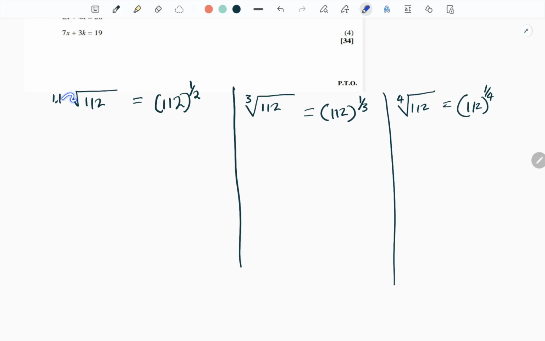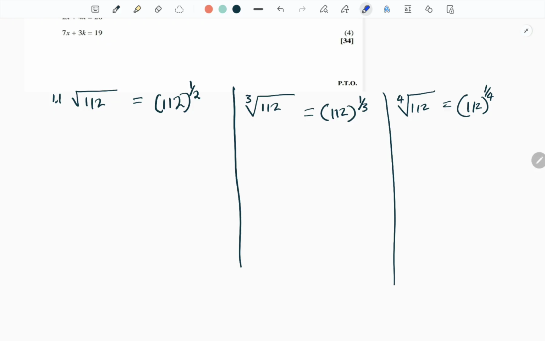And then a square root, we keep the square root sign as is, and whatever is inside we raise to the power 1/2. So you can see that there is this consistent pattern: square root to the power 1/2, cube root to the power 1/3, and then fourth root to the power 1/4, and so on and so on, right?